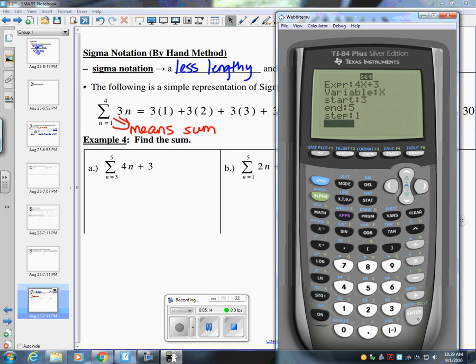All right, if your calculator looks like this right now, sum, parentheses, sequence, parentheses, you need to start typing now. You're going to type in 4x plus 3, comma, x, so the comma's above the 7.